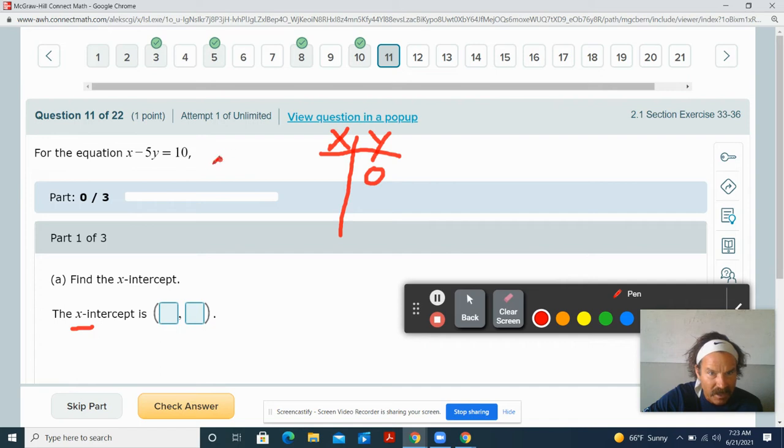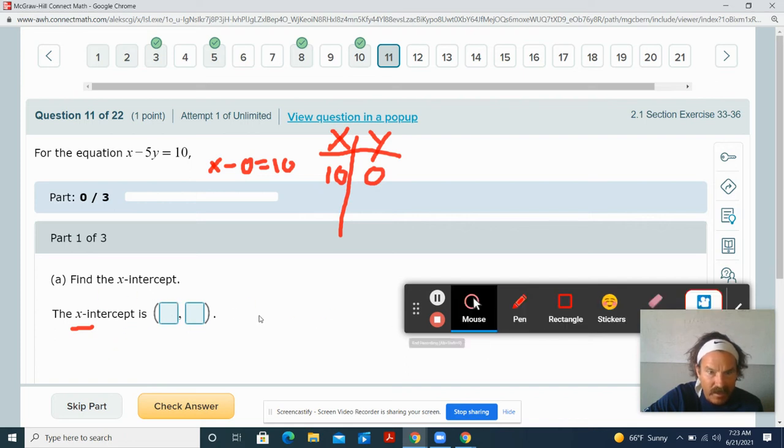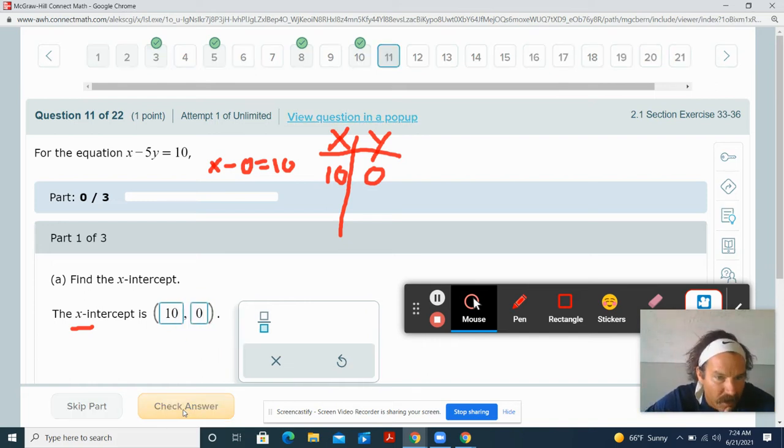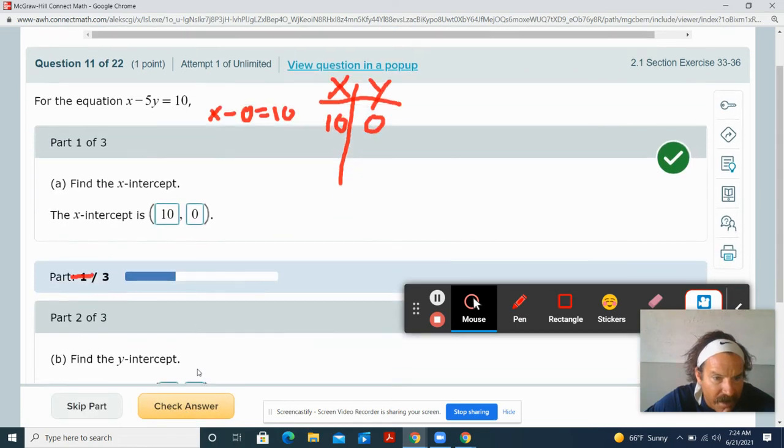So if x minus 0 equals 10, then x has got to equal 10. So we just type in 10, 0. Check answer.